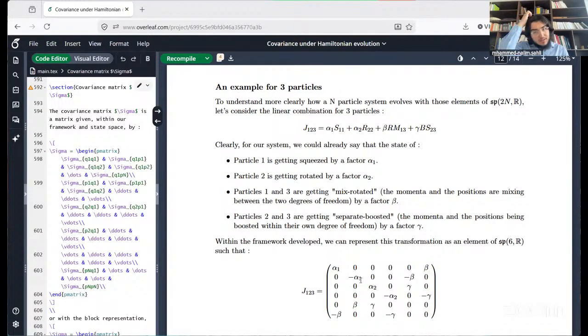The second term of the expression at the top is alpha 2 times R22, so it's a rotation within the second degree of freedom because the indices are 2 and 2. And so we get that at the center. Maybe I didn't rotate it in the right way in the diagram, but I hope that people get the idea.